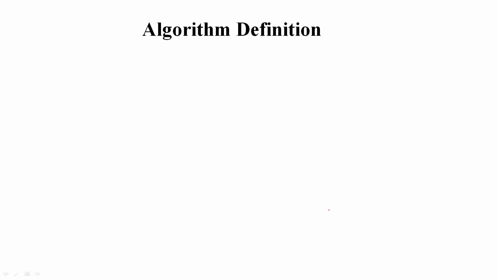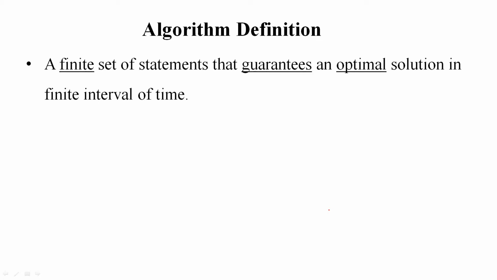Here we will see the definition for the algorithm. Algorithm is having a set of statements. That statement should be finite. Finite in the sense countable number of lines. So the algorithm should have a finite set of statements.